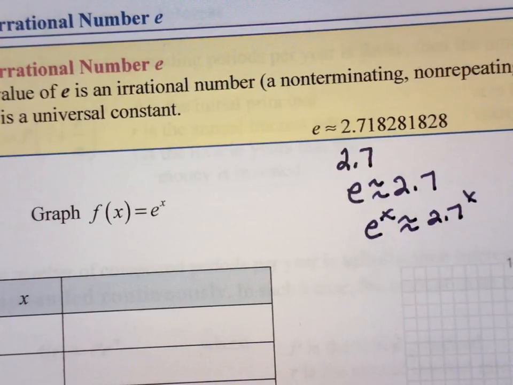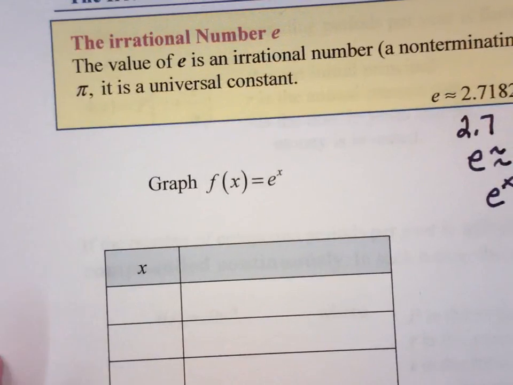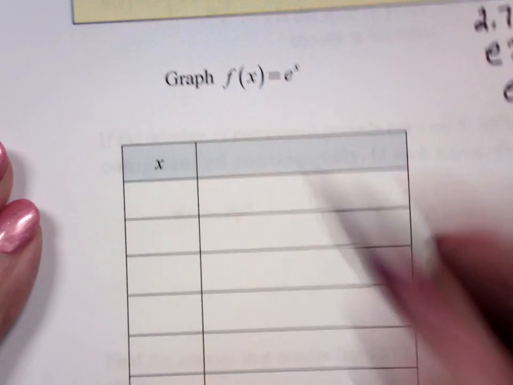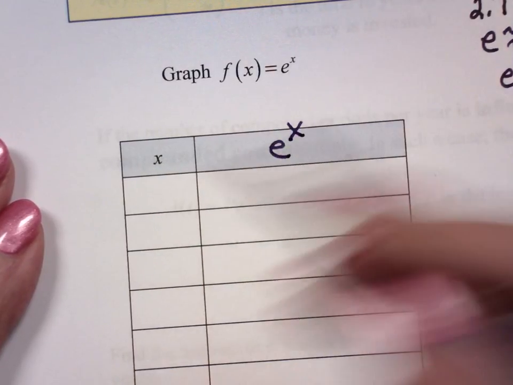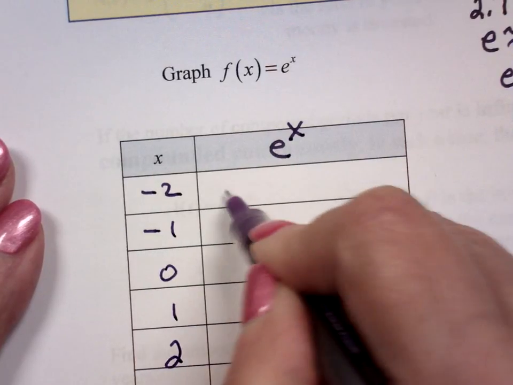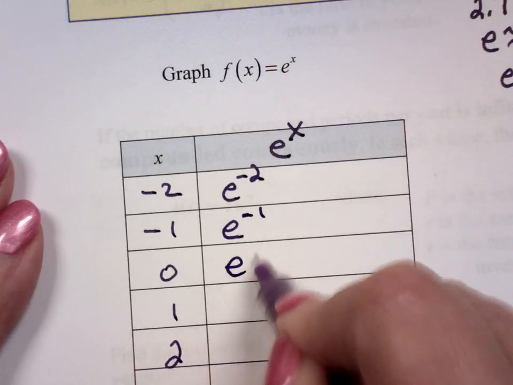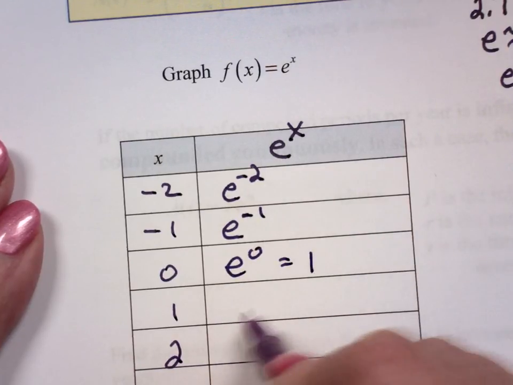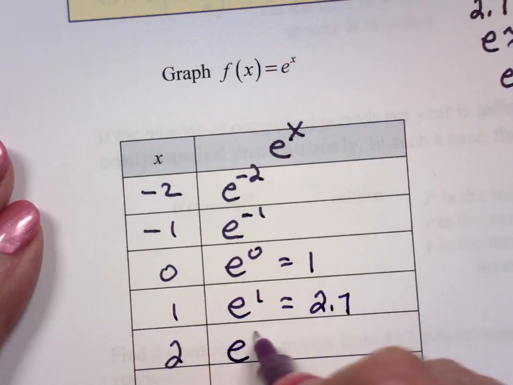The only difference is that we can take our handy-dandy calculators, whether it's our graphers or our little baby TI-30s, and just put in x and get out y. So for y equals e to the x, with x as -2, -1, 0, 1, and 2, this would be e to the -2, e to the -1, e to the 0, that's easy, that's 1, e to the 1, that's 2.7, e to the 2.